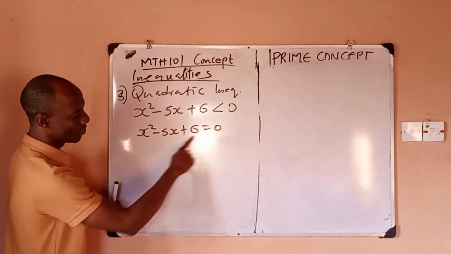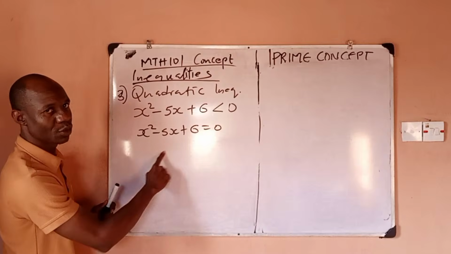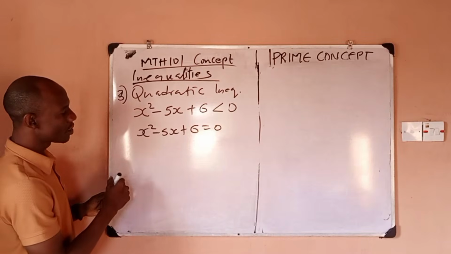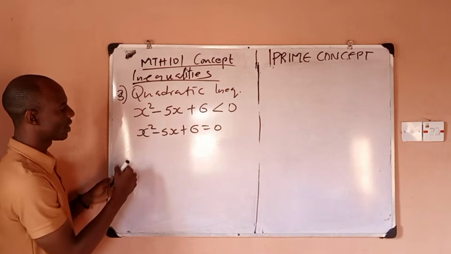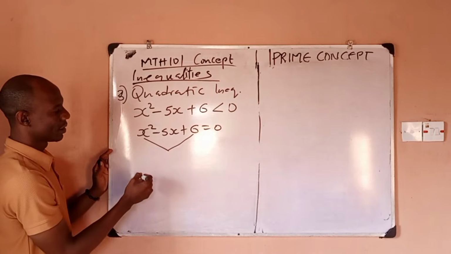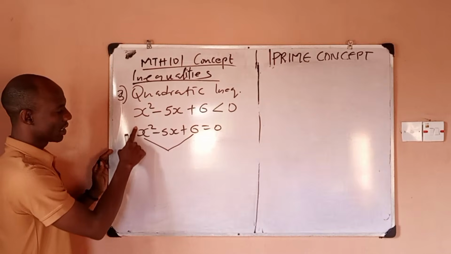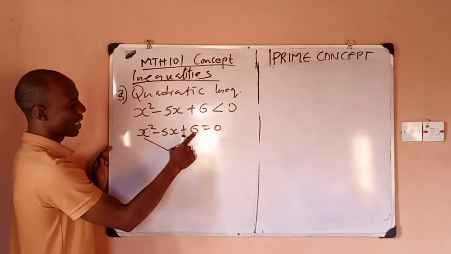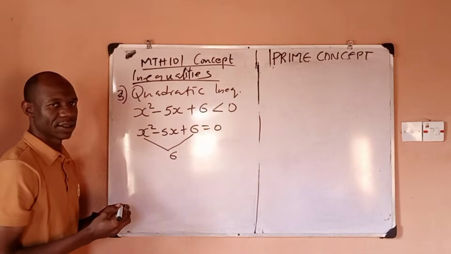Now, this is a quadratic equation, you should be able to solve this. Let me show you the general way of solving quadratic equation. You multiply the first and the last. The coefficient is 1. 1 times 6 is 6, right?